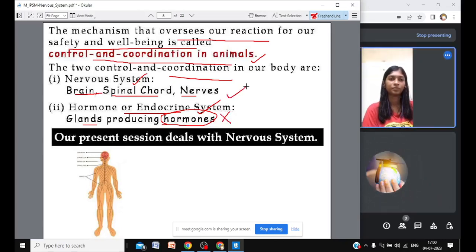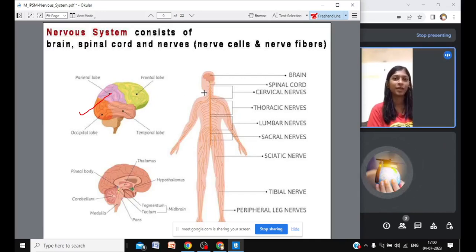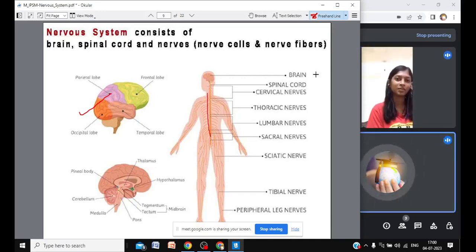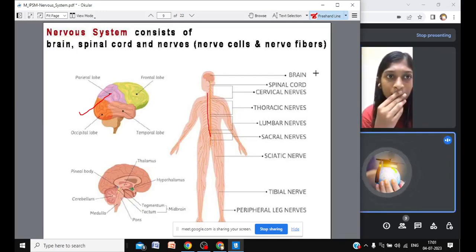Now you can see the nervous system in the picture. What does it consist of? It consists of the brain, the spinal cord, and nerves, such as lumbar nerves and the sciatic nerve. We don't need the students to remember these names.